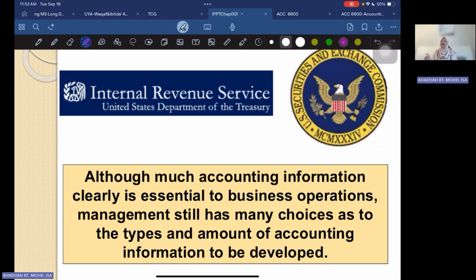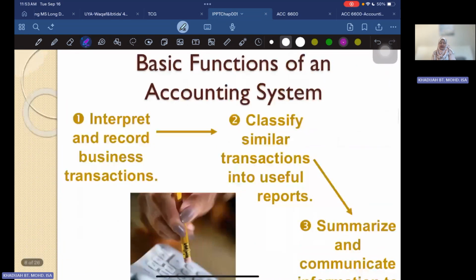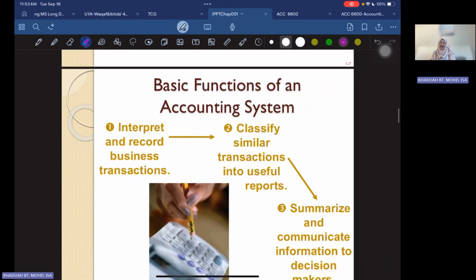So this kind of information is very specific, and normally what we do is we do a due diligence investigation on the other company, whether it is worth it for a company to buy, to acquire the other company. So this is the special kind of information that is required, other than what we have mentioned earlier. All right. Okay. Now let's look into the basic function of an accounting system.